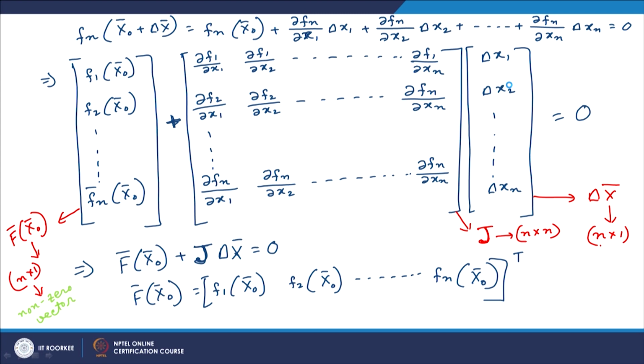Because f1 is a function of x1 to xn, all these partial derivatives will also be functions of x1 to xn. So we would evaluate all these partial derivative functions with the values of x naught, find the numerical values of all elements of matrix J, and thus obtain the numerical matrix J.